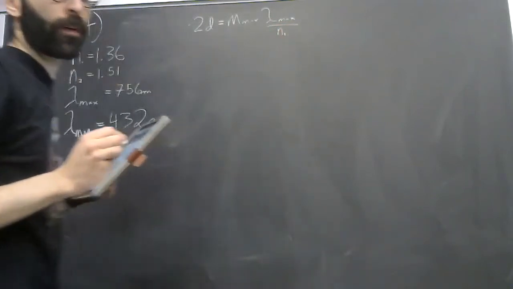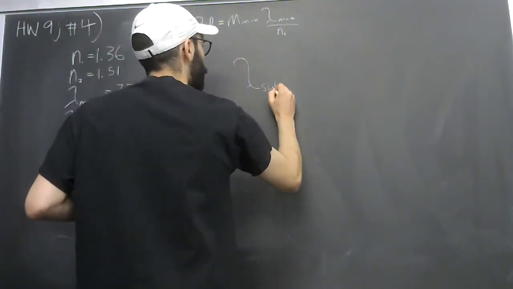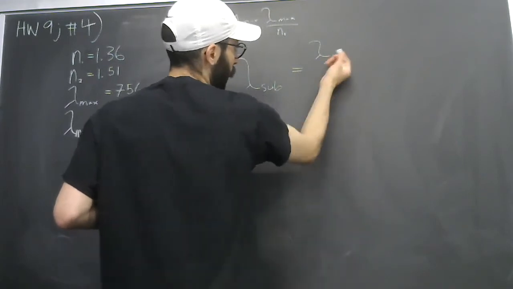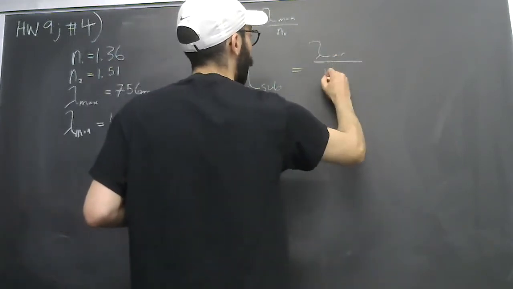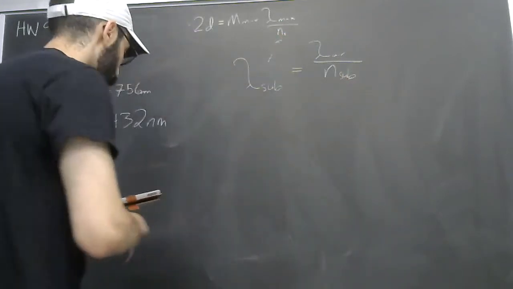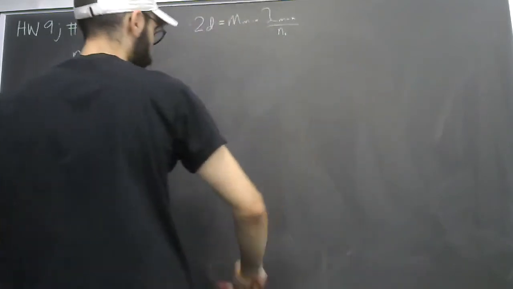So I'm going to put it over n1, per the property that lambda in the substance equals lambda in the air divided by the index of refraction of the substance. I'm going to assume that we're all on the same page in that regard, so we'll leave it like that.